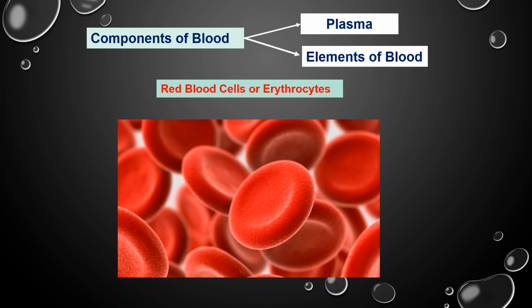Loss of mitochondria allows RBC to transport all the oxygen to tissues, and loss of endoplasmic reticulum allows more flexibility for RBC to move through the narrow capillaries.